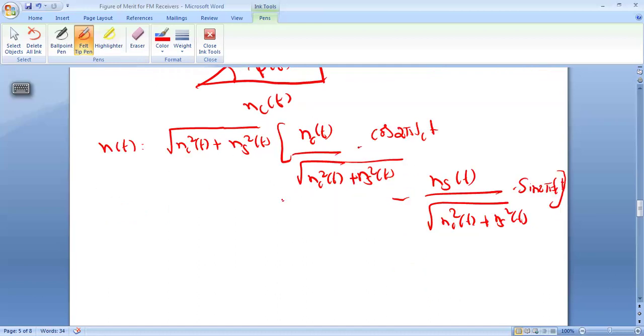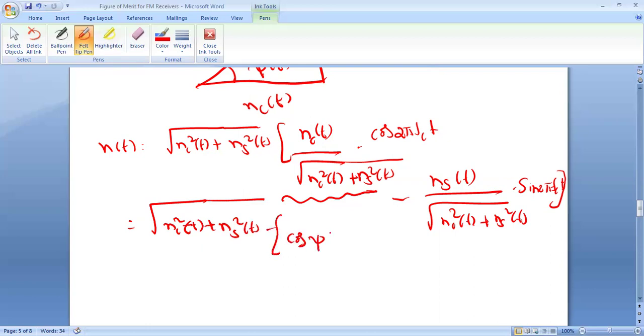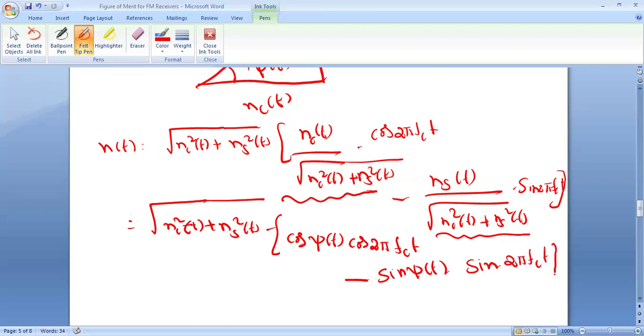What it means? This term, adjacent side by hypotenuse, equals cos psi(t), because cos is adjacent side by hypotenuse, into cos 2 pi fct, minus this term ns(t) by root of nc squared(t) plus ns squared(t), which is equivalent to sin psi(t), into sin 2 pi fct.